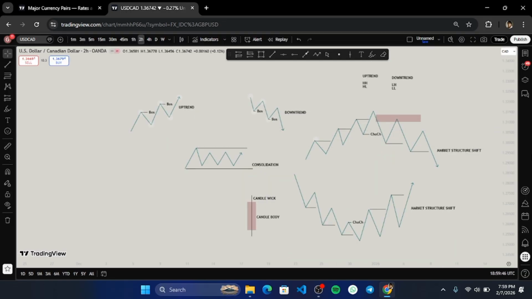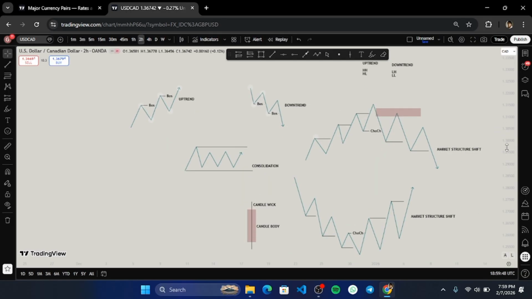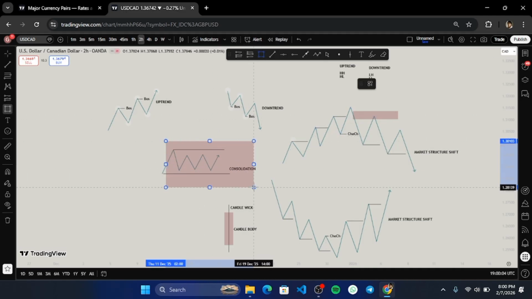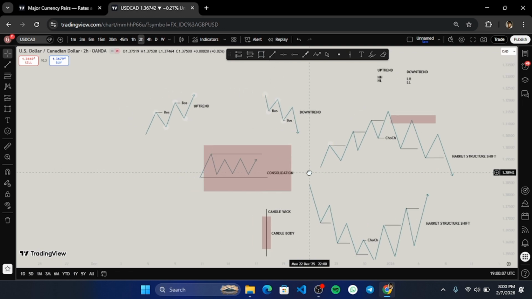All right, so with that being said, you now understand the difference between an uptrend and a downtrend and a break of structure. Now, mind you, the market does not just move in an uptrend or a downtrend. There's also a market movement called consolidation, and this is an example of consolidation. This is a consolidating market. What is a consolidating market?